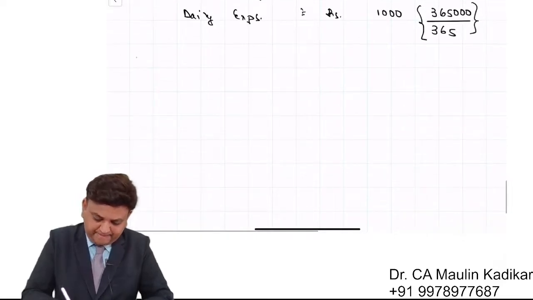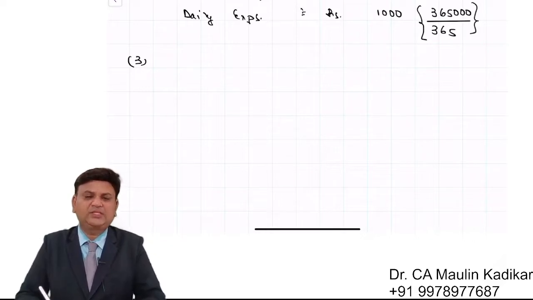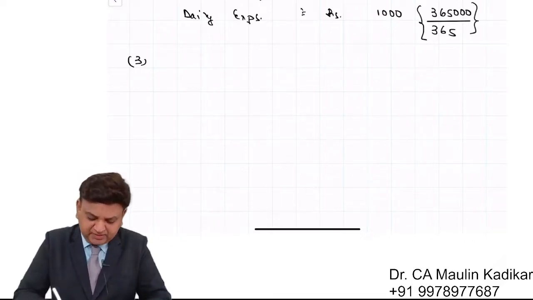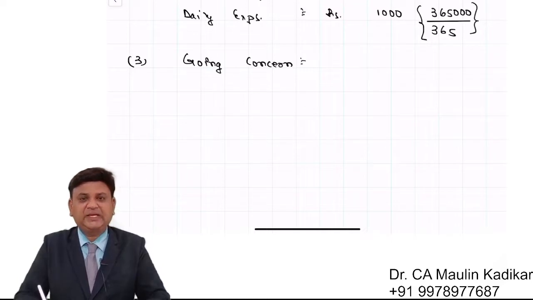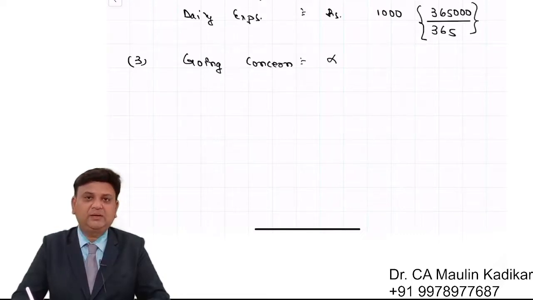Third, the third assumption is very similar to what you study in accounts, the assumption of the going concern. What does it mean? It means the company has an intention to carry on the business for an infinite period.